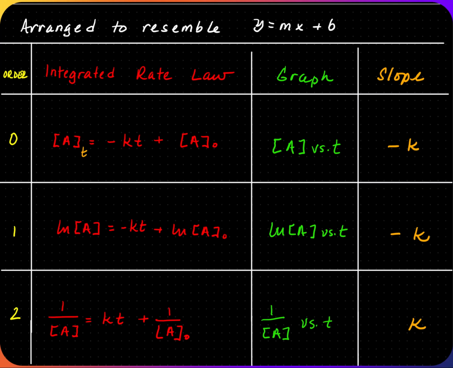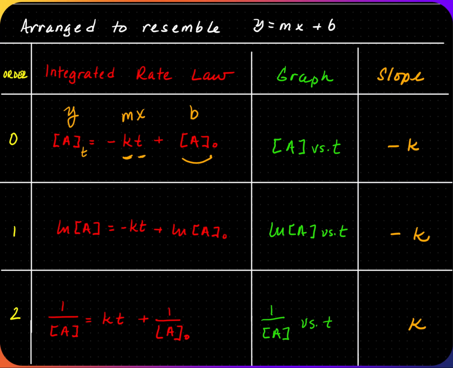The concentration at time t is my y, kt is my mx, and my initial concentration is my b. My initial concentration here is the y-intercept. My time is my horizontal axis. That makes my k the slope. Since it's negative k, my slope is negative.